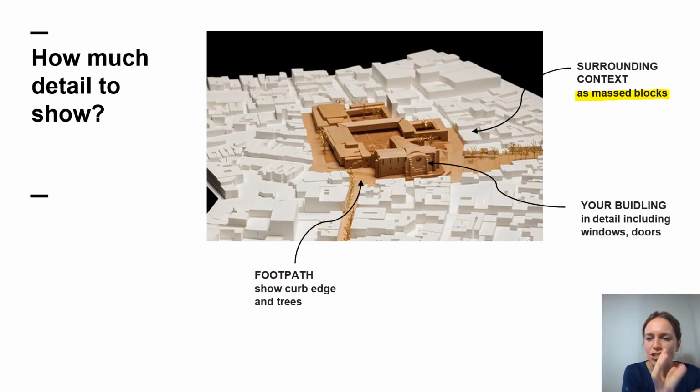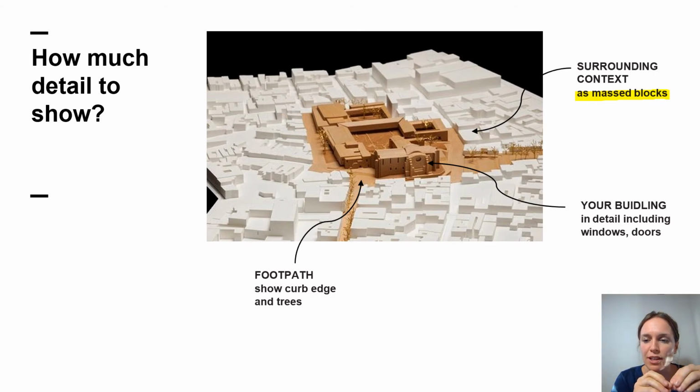So you want to give it a general sense of the volume or the form. We definitely don't need to be showing windows, decorative banding, materiality. As this model here shows in the white, the surrounding context is really just a capture of form and scale, surrounding form and scale.